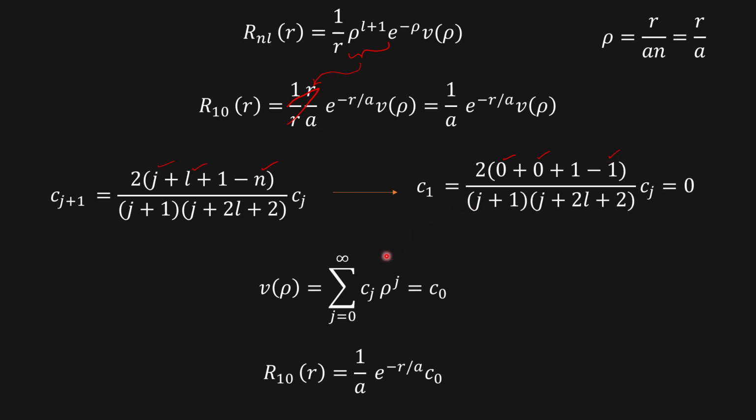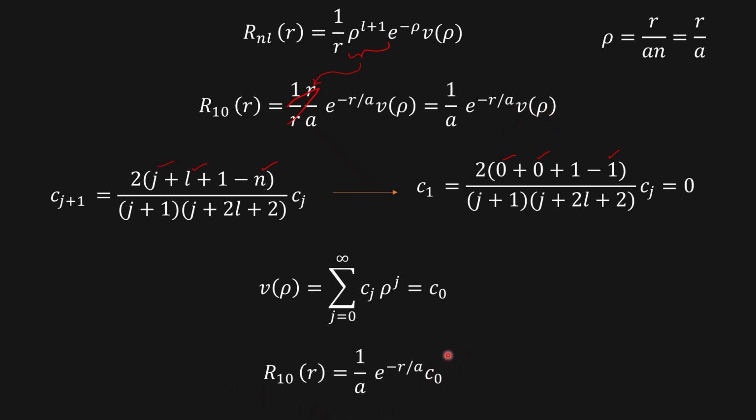Only c_0 exists. So by the definition of v of rho, we write the summation over c_j rho to the power j. When j equals 0, this becomes c_0, and rho to the power 0 is 1, so this becomes simply c_0. Now this equation can be written as R_10 of r equals 1 over a, e to the power minus r over a, times c_0.